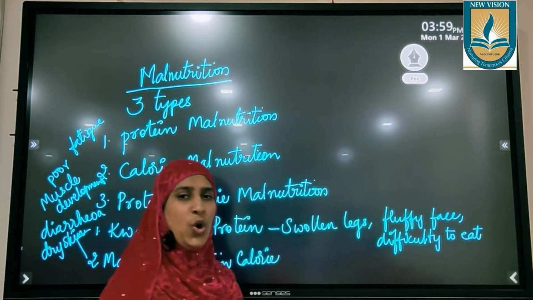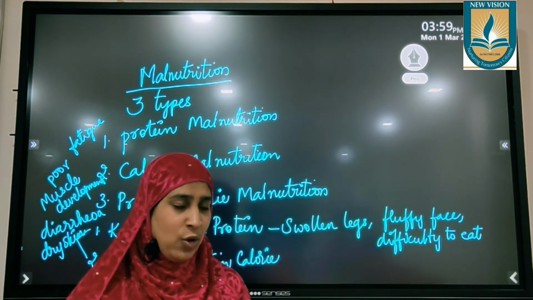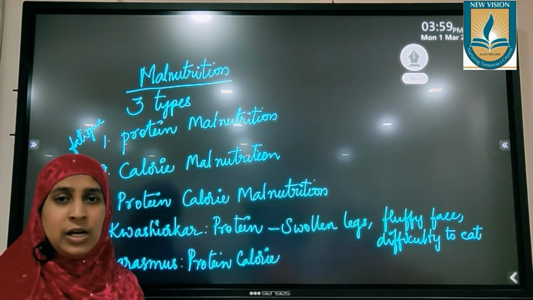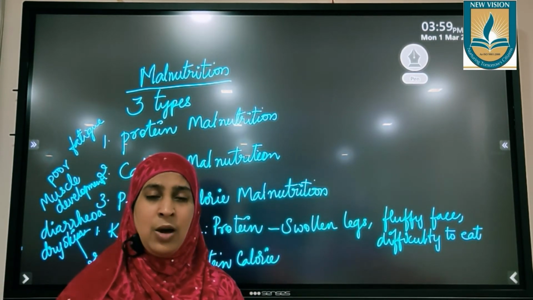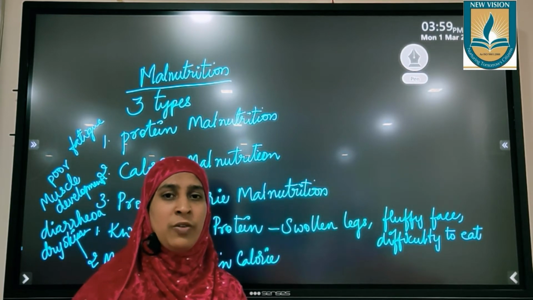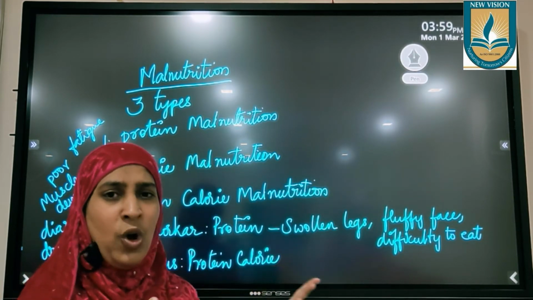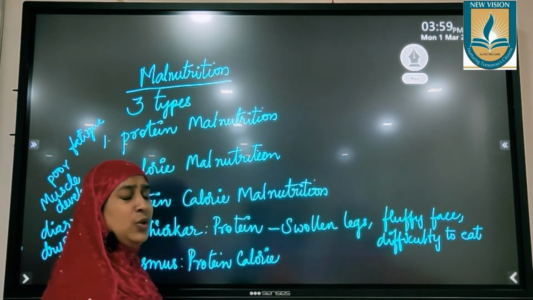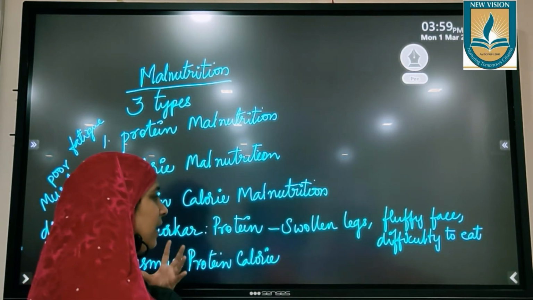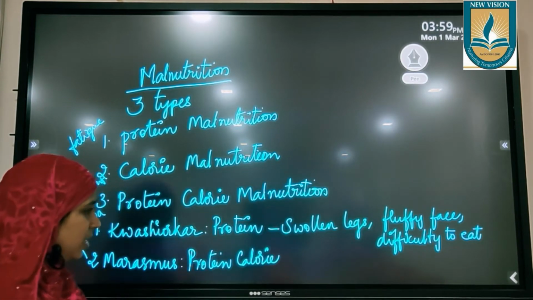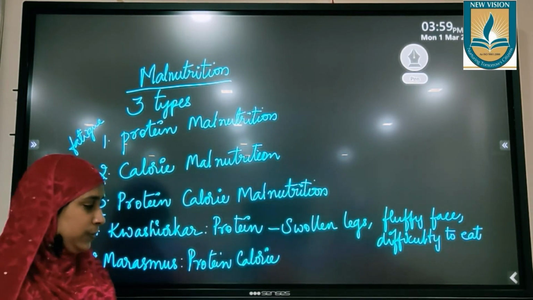This is because, due to lack of protein, water fills all the cells. The face, body, and legs look fluffy because all parts are swollen and weak. People don't feel hunger, so they can't eat the food either.